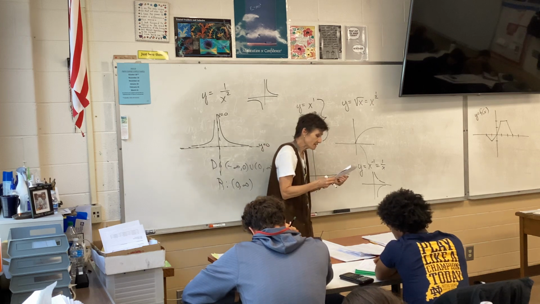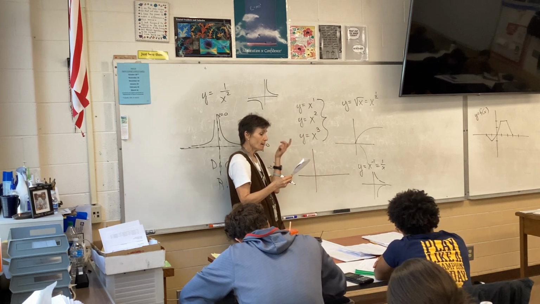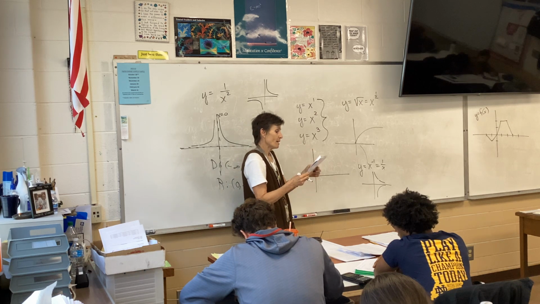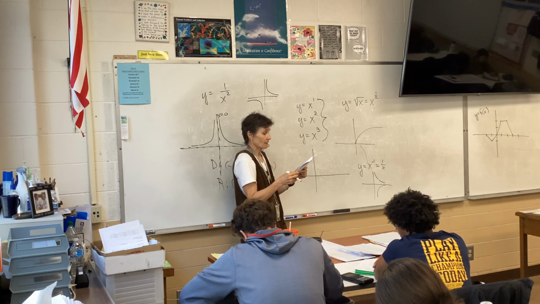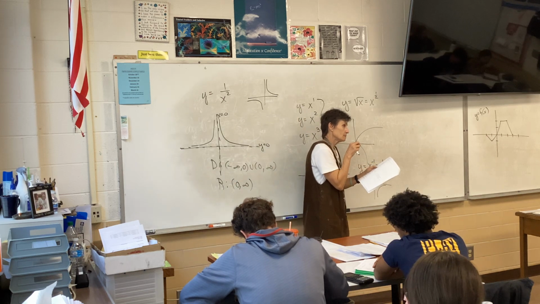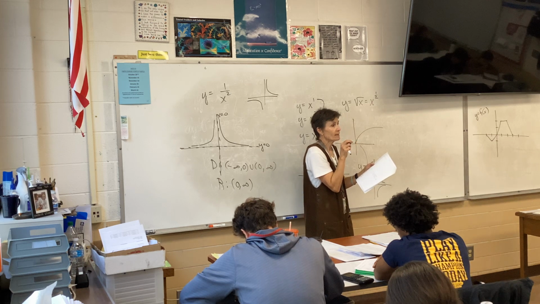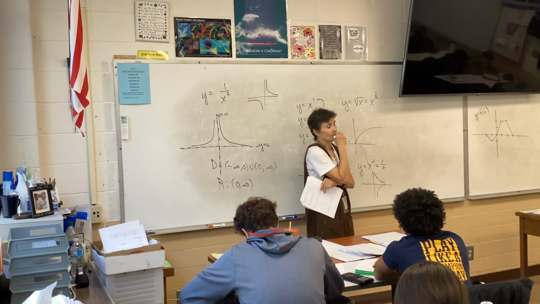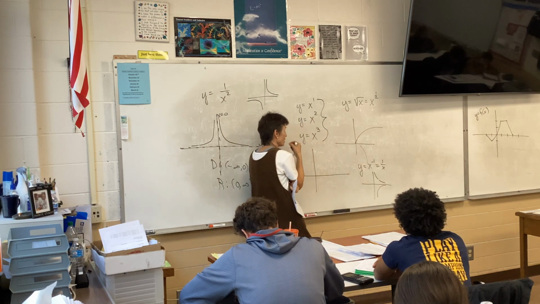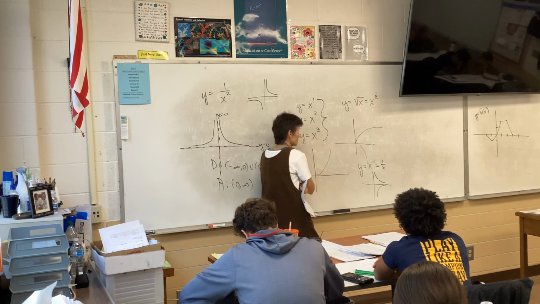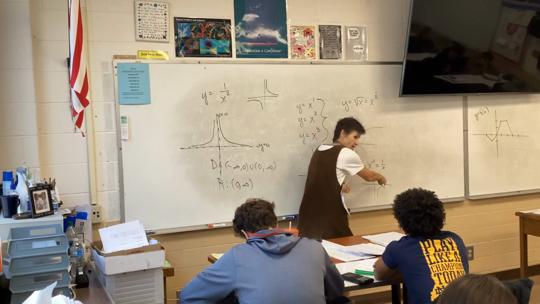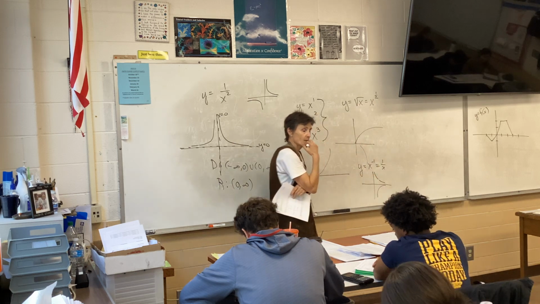Okay, now that brings us to equation B. We haven't done equation B yet. Now, B has an exponent of 5/3. Our basic shapes are this, like our x squared and x cubed, our square root shape, and our reciprocal shape.